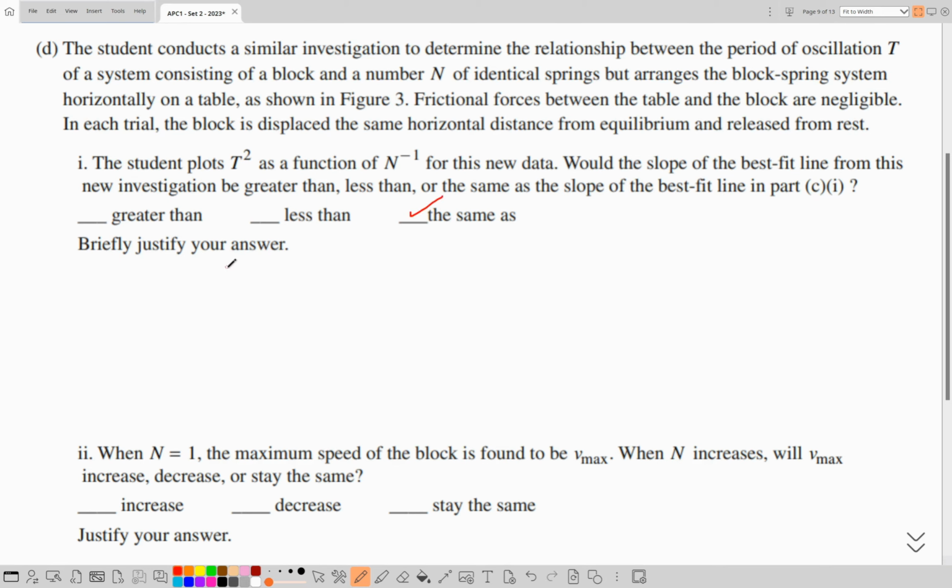Remember, even if your justification is correct, you need to state your choice. Okay, so the marks for each are independent.